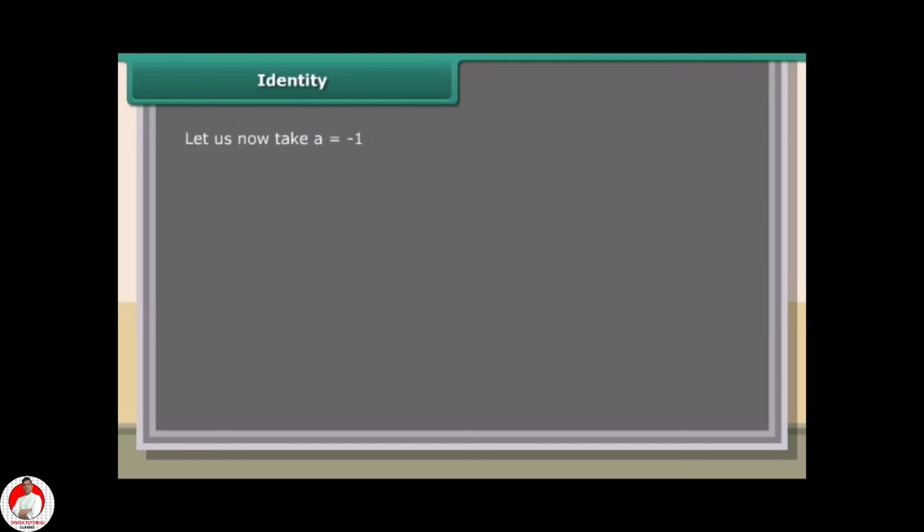Let us now take a as minus 1. LHS is equal to (minus 1 plus 5) into (minus 1 plus 3), which is equal to 4 into 2, which is equal to 8.